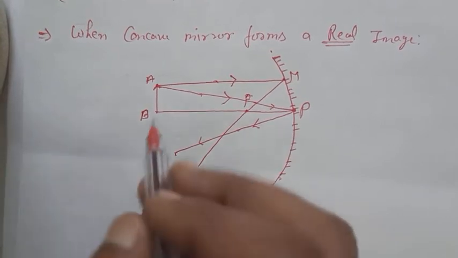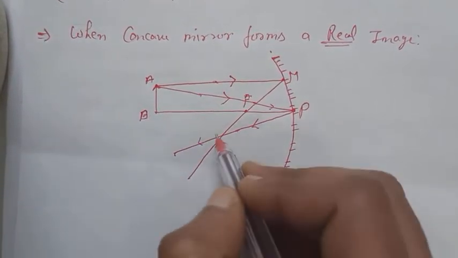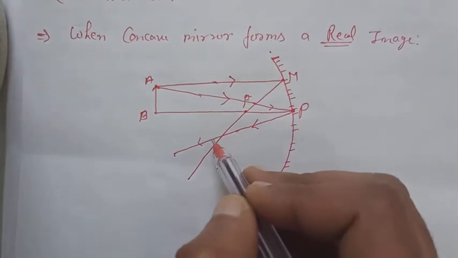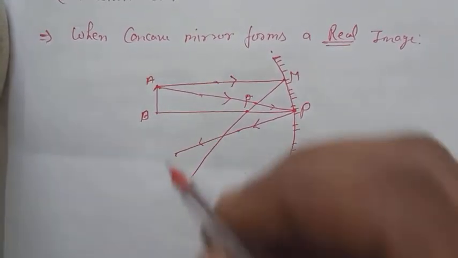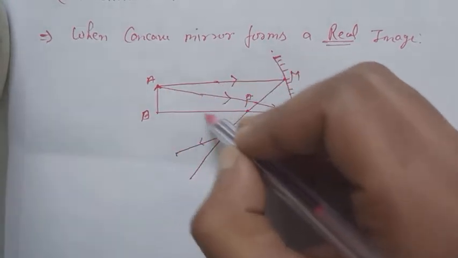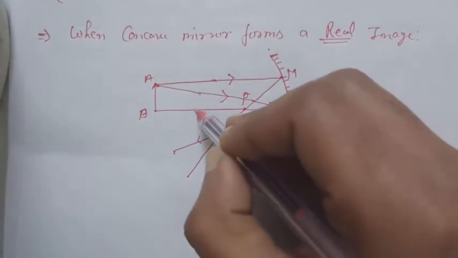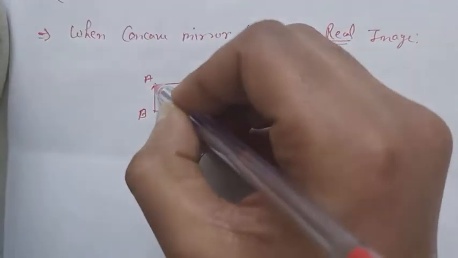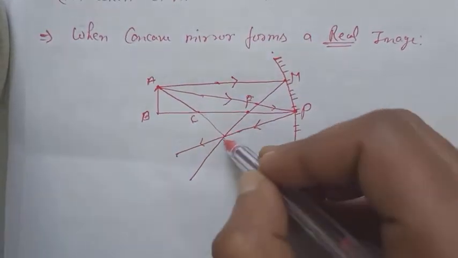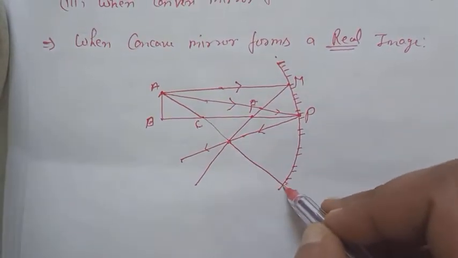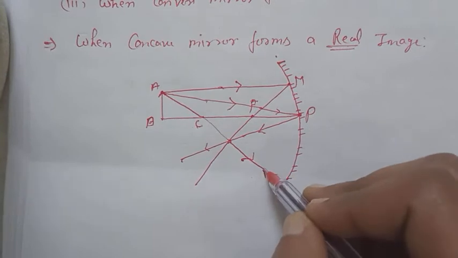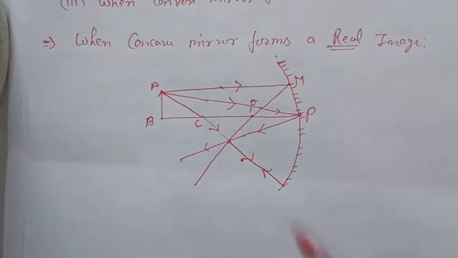And the third one, consider a ray that passes through the center of curvature. This point is considered the center of curvature, and the rule is that when a ray passes through the center of curvature, after reflection it retraces its own path.